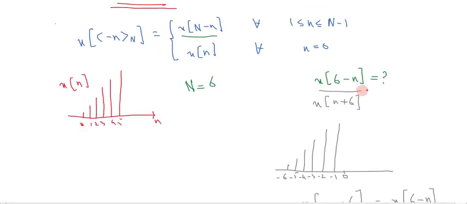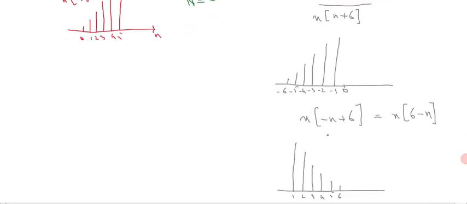So you have determined this 6 minus n signal, and according to the definition of circular time reversal, you have to pick all the samples from 1 to 5 from this signal. You have to pick this portion of this signal. So let me draw here.